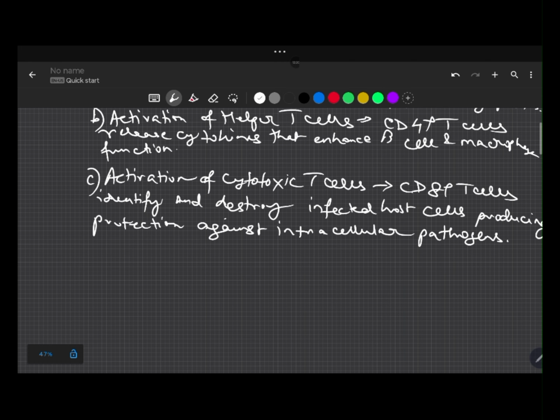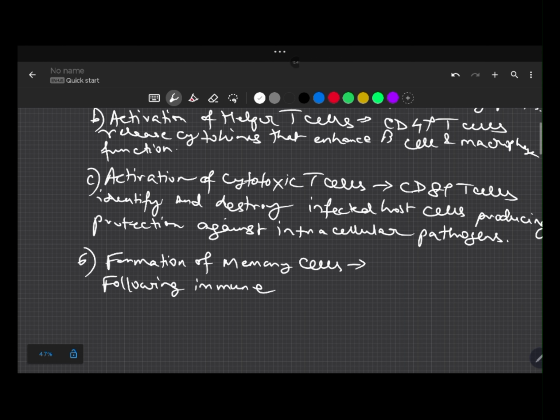Then step 6 comes, the formation of memory cells. Following immune activation, memory B cells are generated, and memory T cells are also generated.